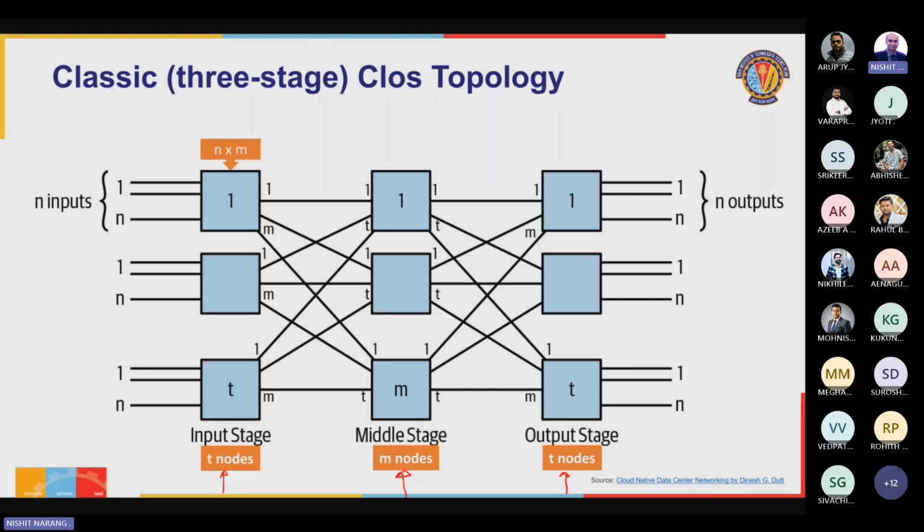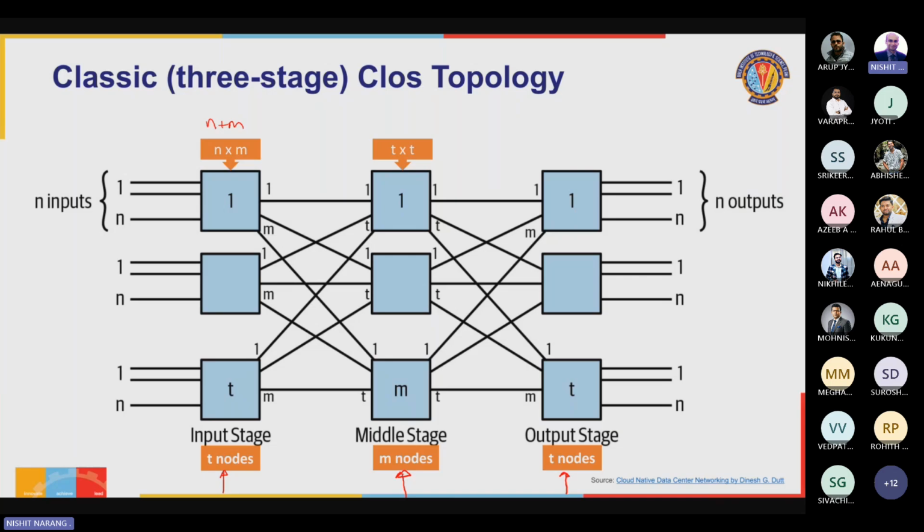Okay, so essentially we are saying that each input stage node is an N cross M switch. N cross M switch means it can take in N inputs and output the traffic coming from N inputs to one of the M outgoing links. Okay? So in totality, there are N plus M ports on this switch. But we say N cross M because it's interconnecting the N inputs to one of the M outputs.